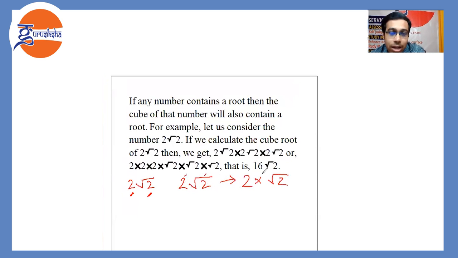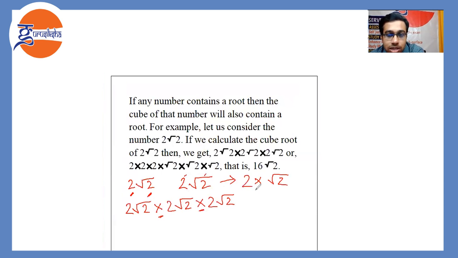So while calculating the cube root of 2√2, we will follow the general rule, multiplying 2√2 by itself twice: 2√2 into 2√2 into 2√2. We are multiplying it 2 times, once here, once here.